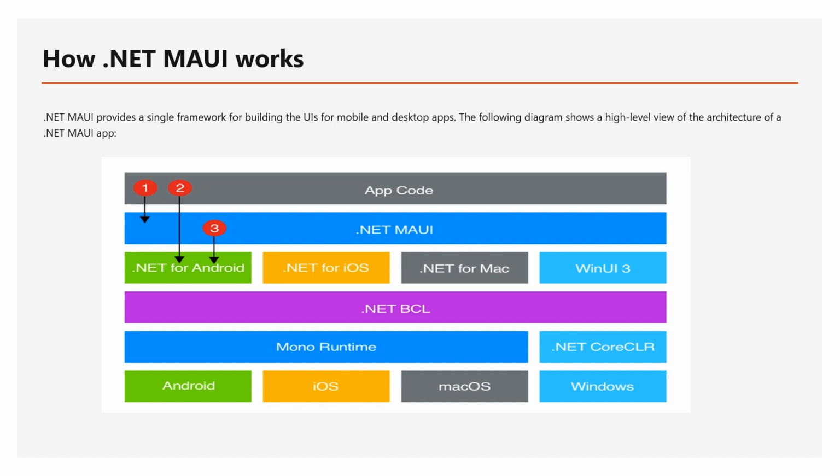We already discussed that the BCL is a base class library which will be the base for all the different frameworks. The Mono runtime is the execution part of .NET Android, .NET iOS, and .NET Mac, whereas .NET CoreCLR is a part of Windows UI 3.